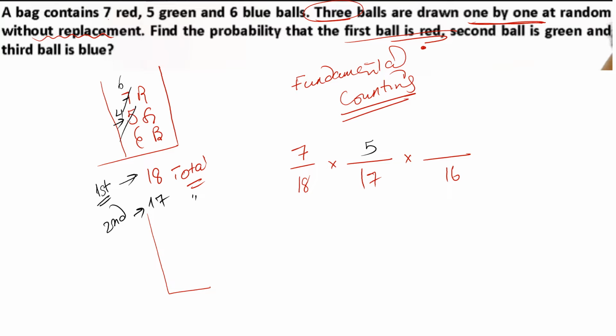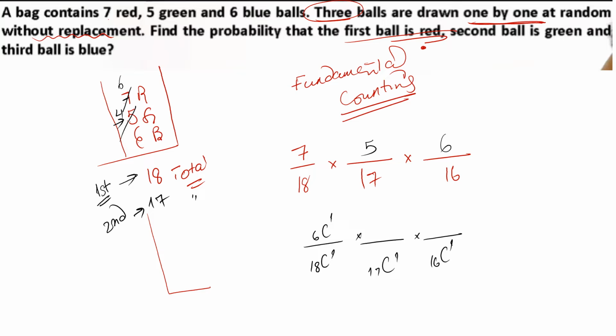And the third is blue. So while selecting the blue balls, you will have 6 blue balls. So in other words, you can write it also as 18C1 for the total part. You can write it as 18C1, 17C1 and 16C1. The first time you are drawing the ball which is red, so you will write 7C1.